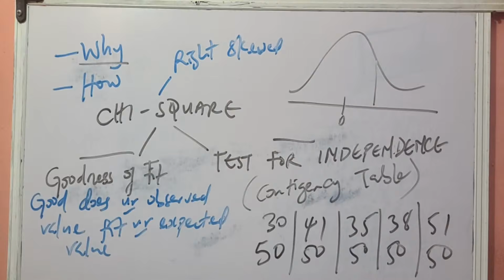Now, the meaning of goodness of fit is just what you can see right here. You want to find out how good your observed value is. This is obviously my observed value, and this was my expected value. How good did your observed value fit your expected value? It's just that simple.